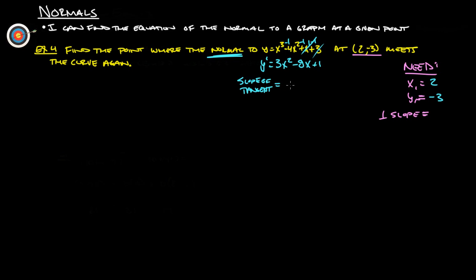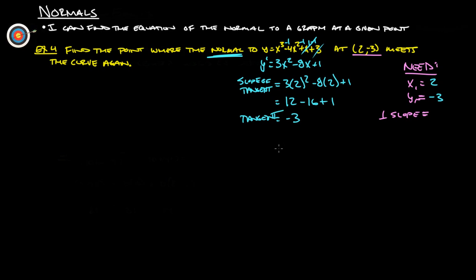So the slope of the tangent is going to be 3 times 2 squared minus 8 times 2 plus 1. So 2 squared is 4 times 3 is 12 minus 16 plus 1. So that's 13 minus 16, which gives us -3. So that's the slope of the tangent.